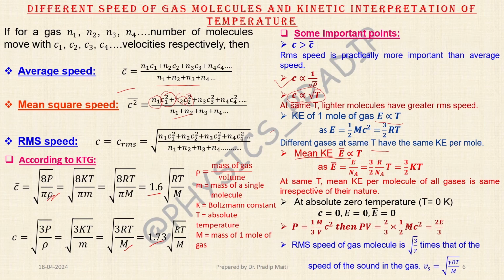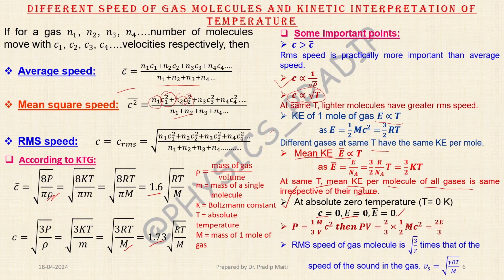At the same temperature, mean kinetic energy per molecule of all gases is the same irrespective of their nature. So remember this point. Also at absolute zero, that is at 0 Kelvin, RMS speed, kinetic energy and mean kinetic energy will be 0.